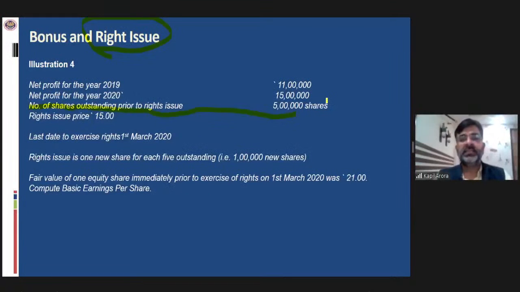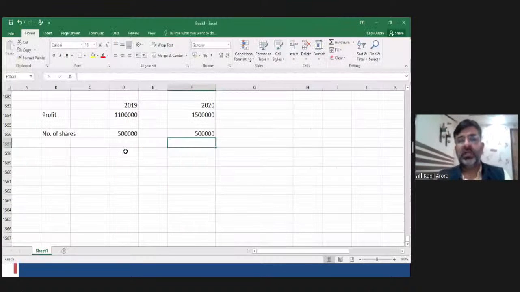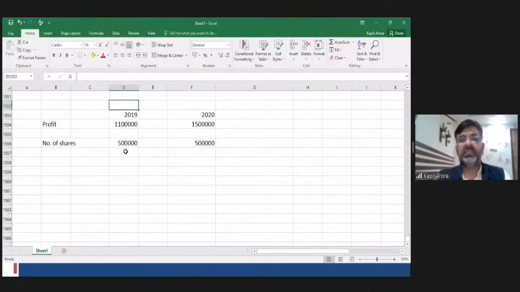But it says company has done a right issue. Right? Company has done a right issue. And the right issue was done within the period, where the last date for the right issue has been considered 1st March 2020. Here the dates which are considered are 31st December.